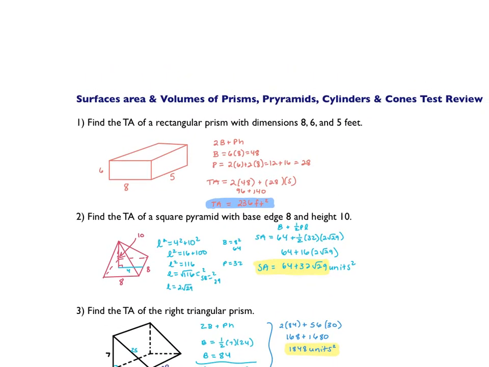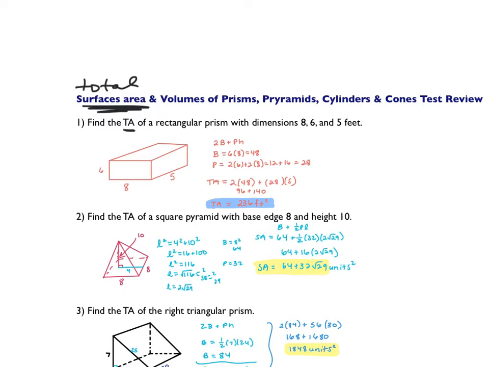So here it's asking you to find total area of a rectangular prism, and the dimensions they're giving us are 8, 6, and 5. Now, total area, again, remember, is also surface area. These two mean the same thing. Now, not all of the questions on Wednesday are multiple choice.